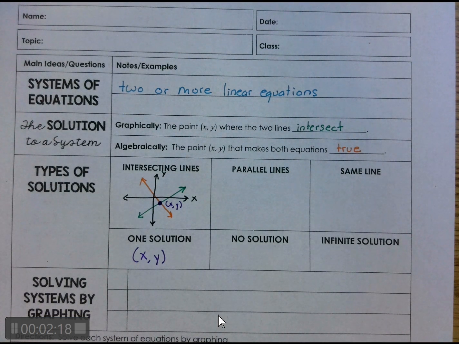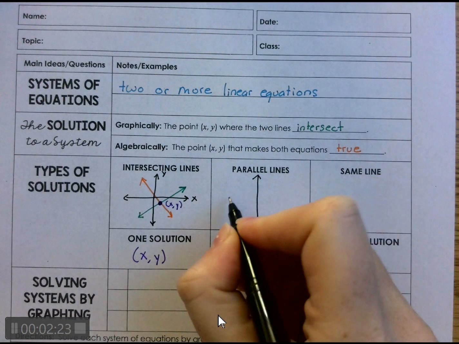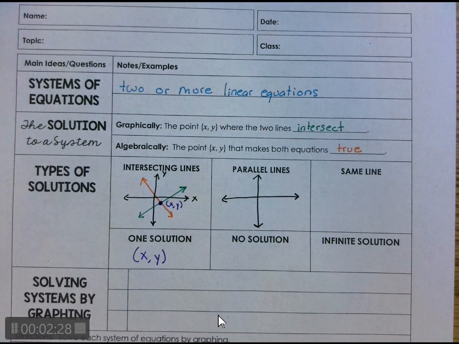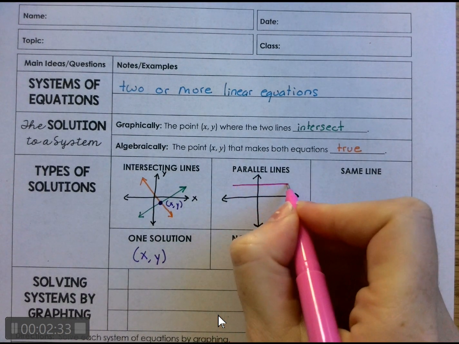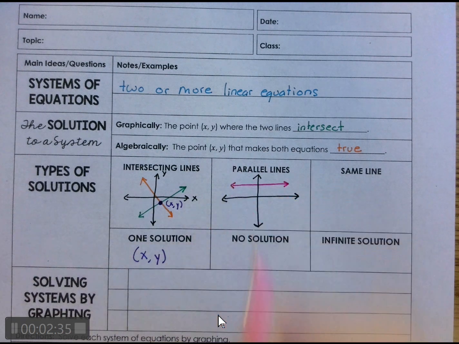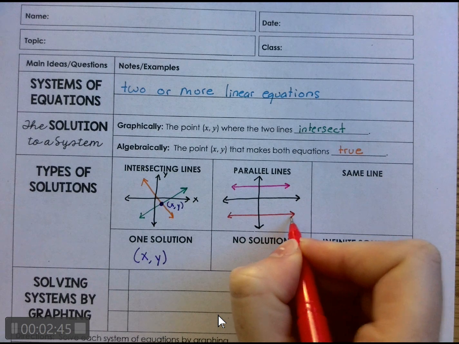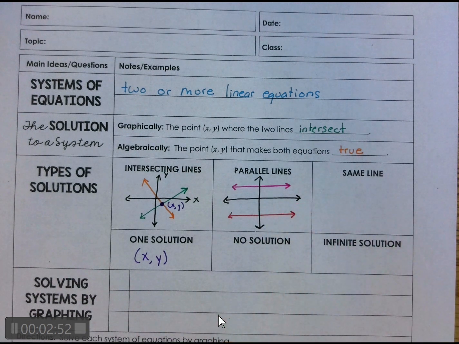Alrighty, then for parallel lines, this is another solution. So if I have parallel lines, parallel means that they continue forever in one direction or in two directions, but they never touch because they go left to right and they will never touch. Doesn't matter how far along the line you go, they will never touch.